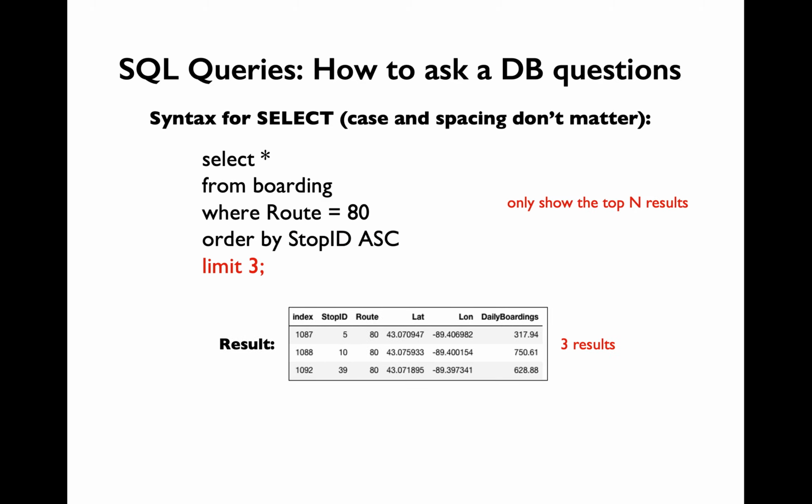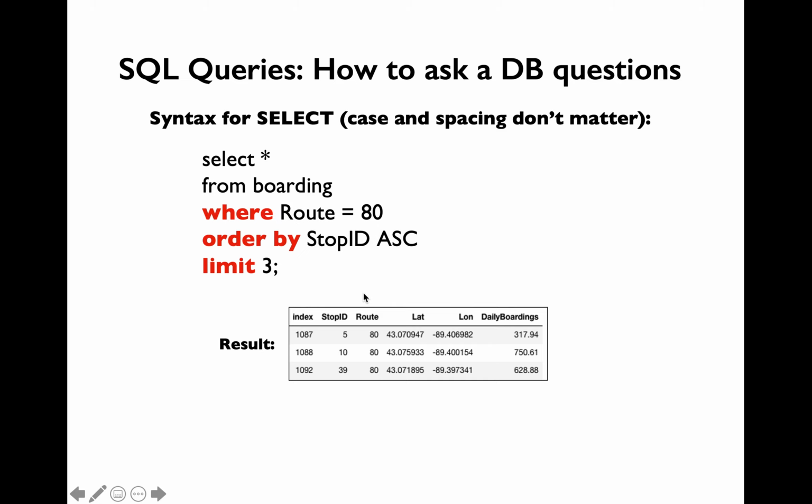Let's talk about a limit example. Let's say that we want to limit the number of rows returned by this SQL query to the top 3. We can do that by typing a limit clause and mentioning 3 as the part that comes after the limit clause.